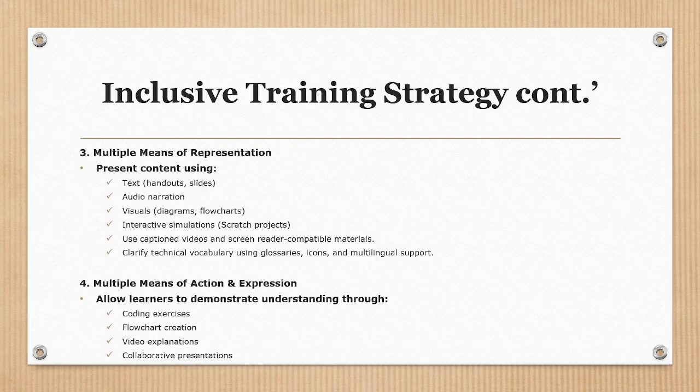Then, continuing the inclusive training strategy, multiple means of representation, that's number 3. Present content using text, for example handouts or slides. Then audio narration: narrate what you have to the learners, or give them a recorded audio of how you are narrating what they need to do.